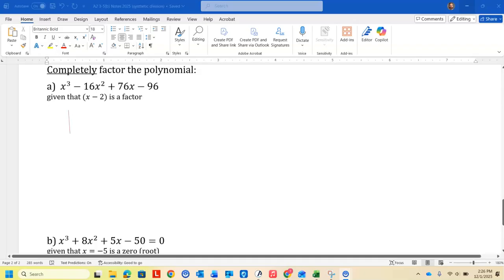So right off the bat, I'm going to use synthetic division with the root 2, 1x cubed, negative 16 x squared, plus 76 and then negative 96. I'm forgetting what I'm doing here. Got a lag on it when I click on stuff.